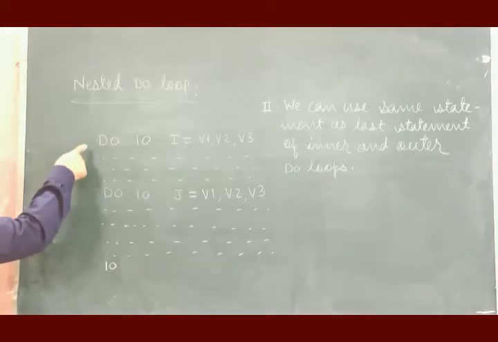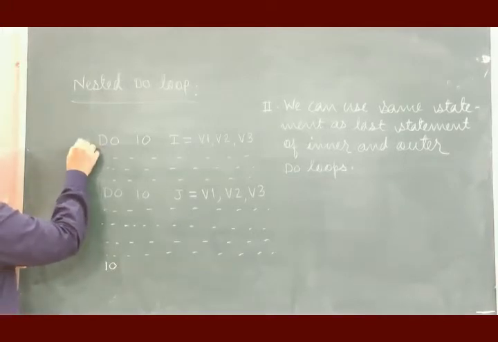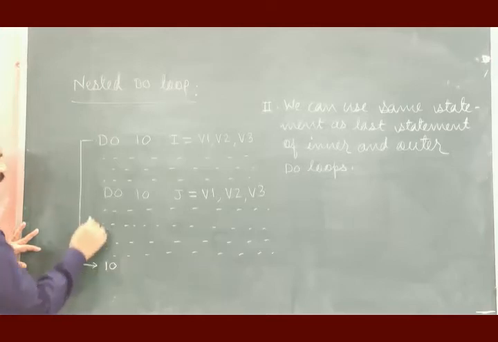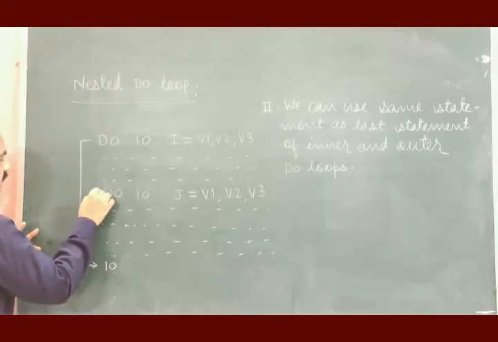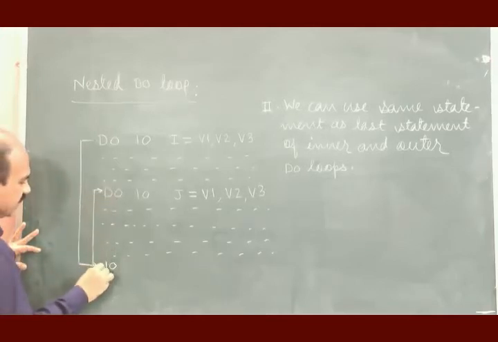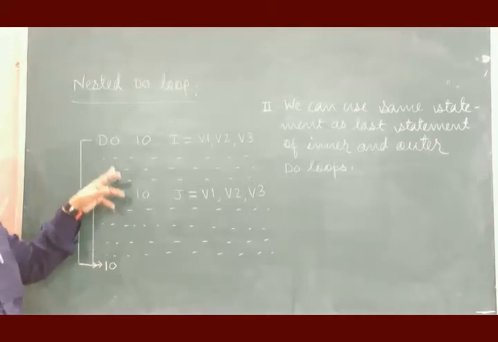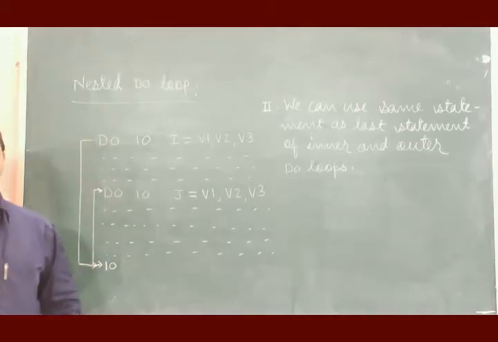That is, outer do loop starts here, ends here. Inner do loop starts here, ends here. The last statement is same for inner do loop as well as for the outer do loop.